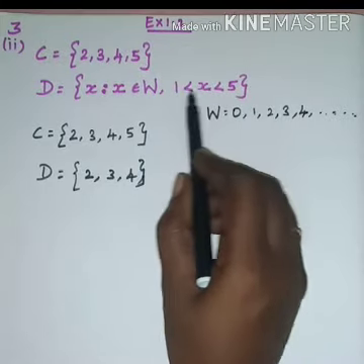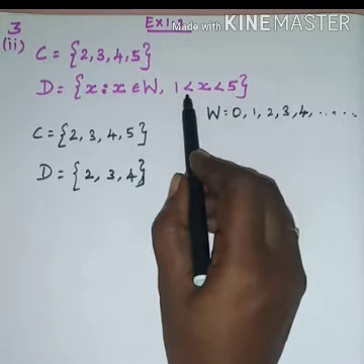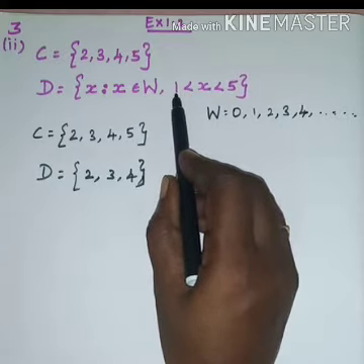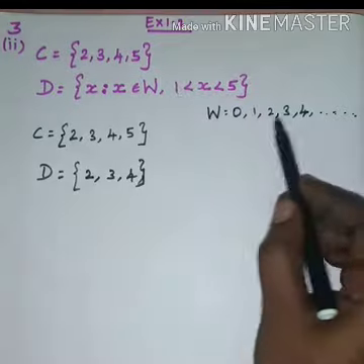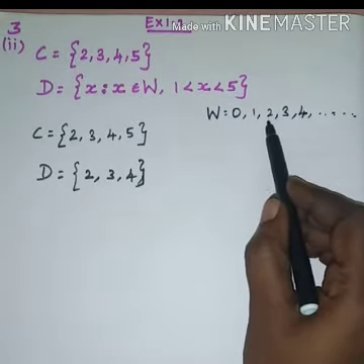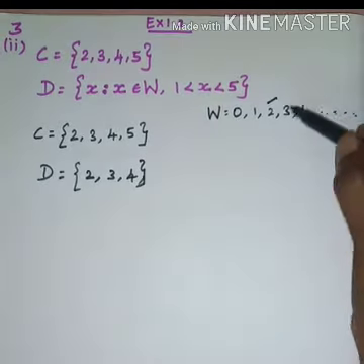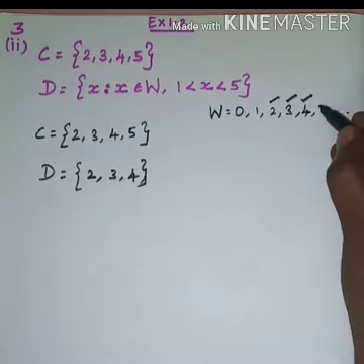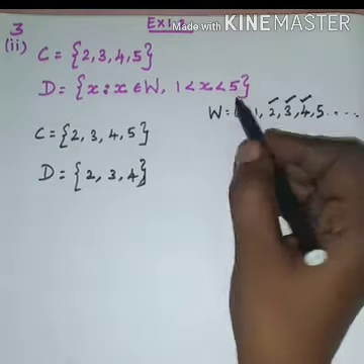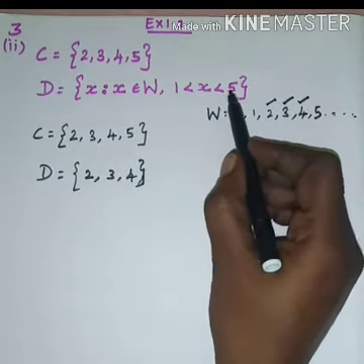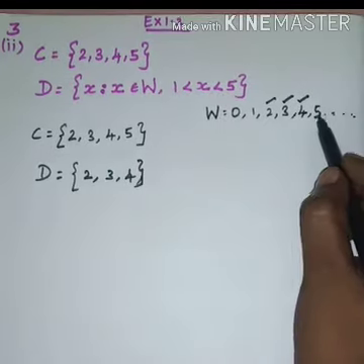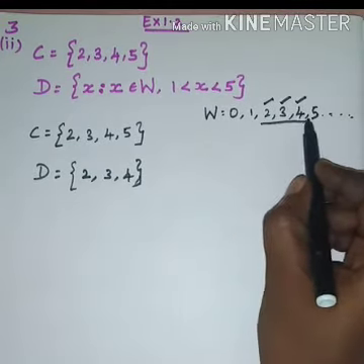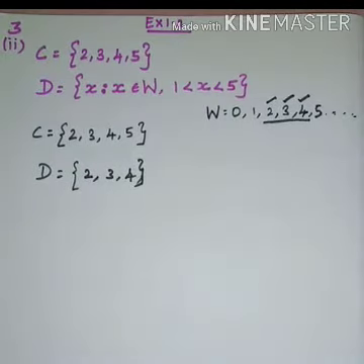Here the equal to symbol is not given, so we should not take 1. The next number to 1 is 2, so we take 2, then 3, then 4, and the next number is 5. But the equal to symbol is not given here, so we should not take 5. So only the 3 numbers 2, 3, 4 we should take.